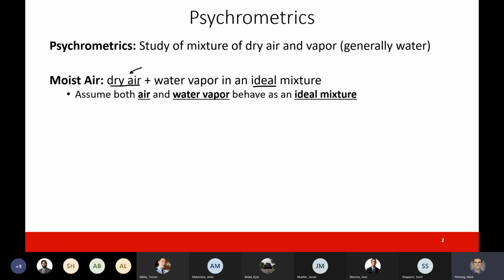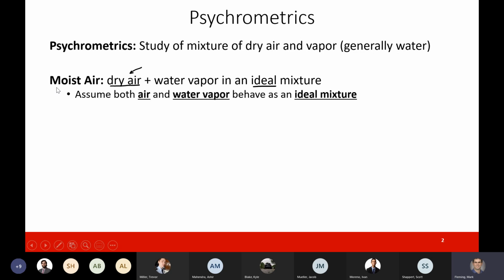Now, we're going to do a little bit of hand-wavy stuff here, but it all works out. If we think back to last week when we talked about mixtures, they had partial pressures. The amount of water that's going to be in air is probably pretty small, which means our mole fraction is pretty small, which means our partial pressure is pretty small.